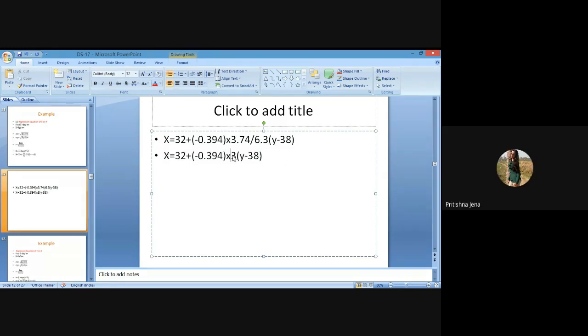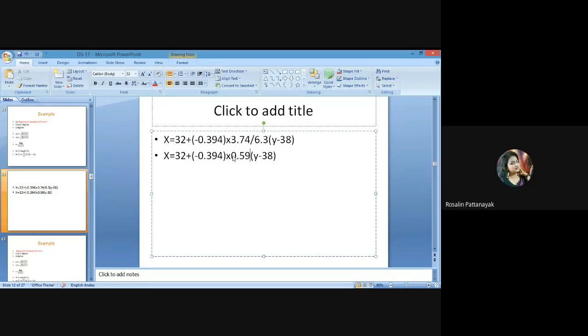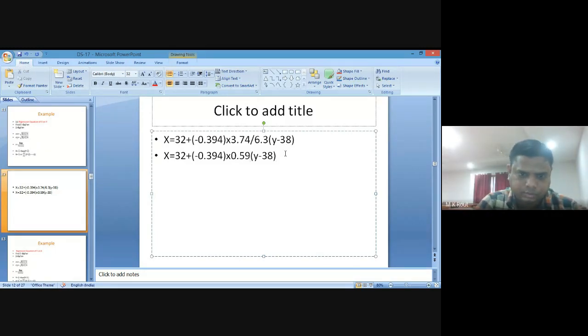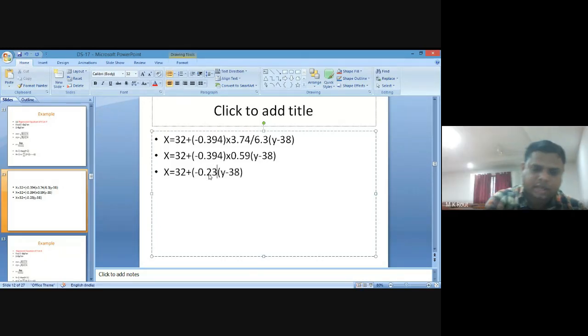Yes, sir, 0.59. Then you multiply with minus 0.394. What is the value? Minus 0.23. Minus 0.23. Is it clear? Yes, sir.